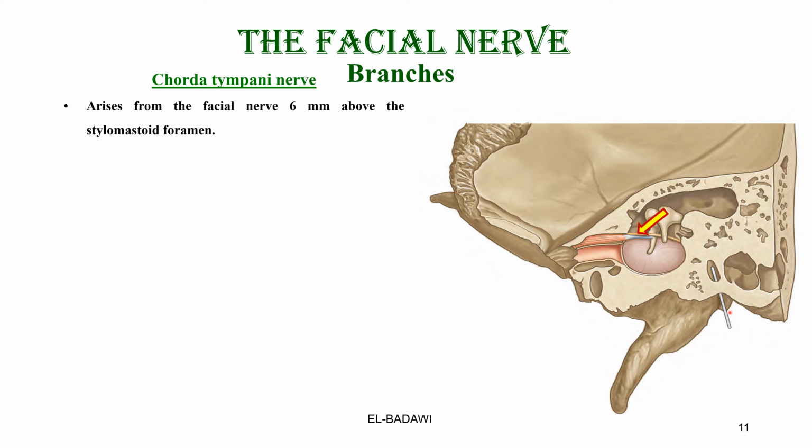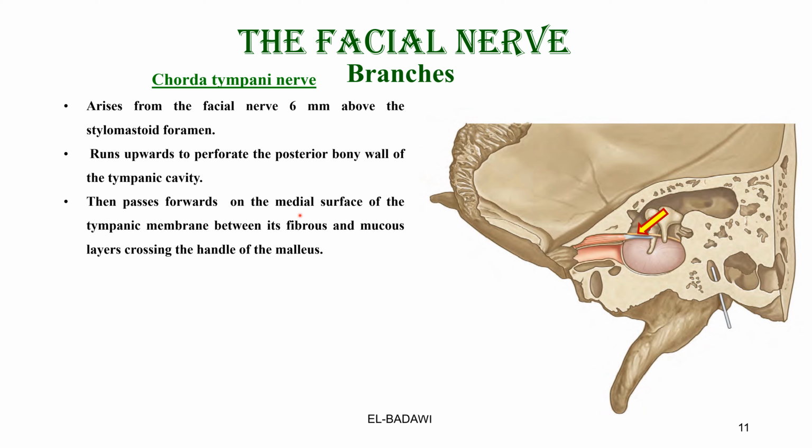That bristle here represents the facial nerve as it comes out from the facial canal through the stylomastoid foramen. The chorda tympani arises 6 millimeters above that foramen, where it goes through the posterior canaliculus of the chorda tympani in the posterior wall of the middle ear.